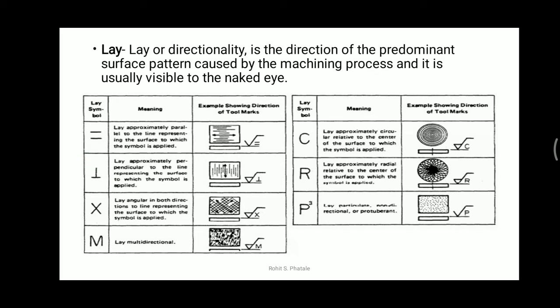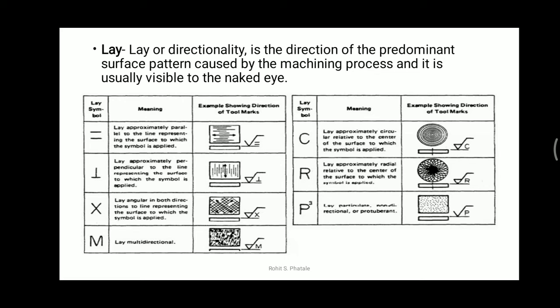Then these are the different symbols you can see over here. One of the common symbols is this: C is the symbol for lay. The meaning of this symbol is lay approximately circular relative to the center line of the surface to which the symbol is applied.